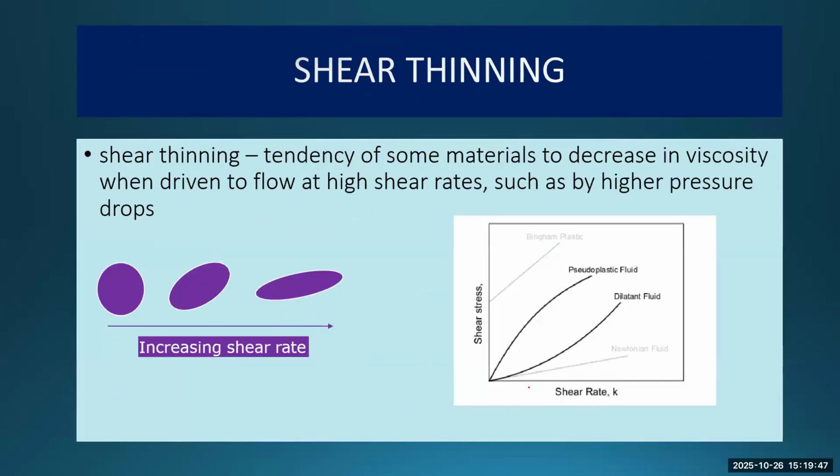What is shear thinning? Shear thinning is a tendency of some materials to decrease in viscosity when driven to flow at higher shear rates, such as by higher pressure drops. If you are increasing the shear rate, the viscosity will decrease.